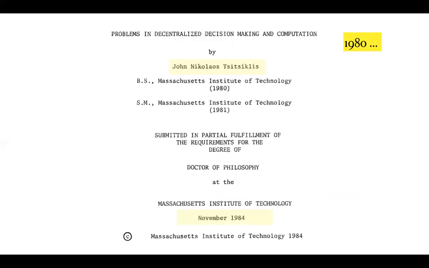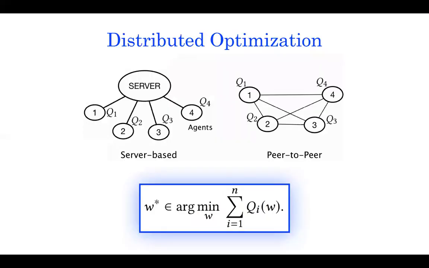Now, as far as we know, the work on distributed optimization was actively being pursued in the 1980s, with John Tsitsiklis pioneering the field with his PhD dissertation published in 1984. In this problem of multi-agent distributed optimization, the system comprises multiple agents. In our case, we consider n agents.